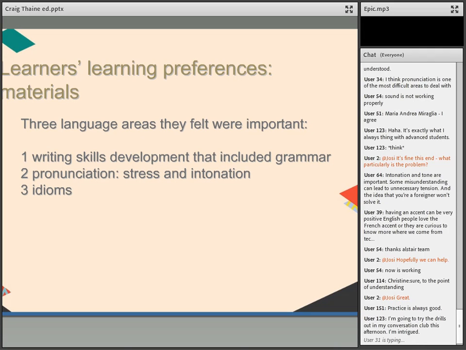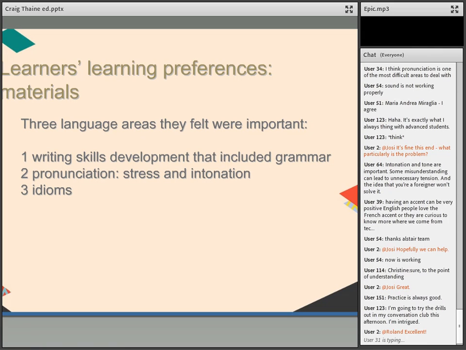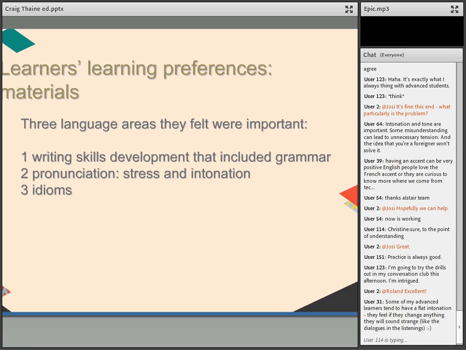So they all felt that they wanted writing skills development that included some kind of grammar focus. They also felt that they wanted to do some work on pronunciation and stress and intonation, as we've seen already. And the other language area was idioms. So in effect, we've got skills work, writing, but we've also got grammar, pronunciation, and idioms, looking at that vocabulary. So in many ways, we've covered all 4 language systems, if you include discourse as a language system as well.